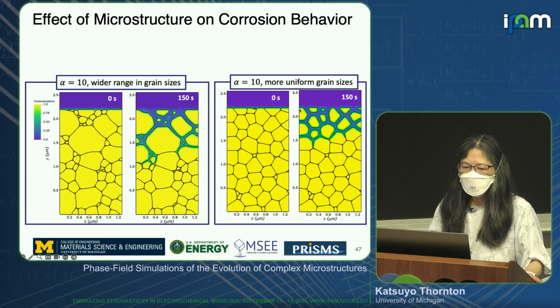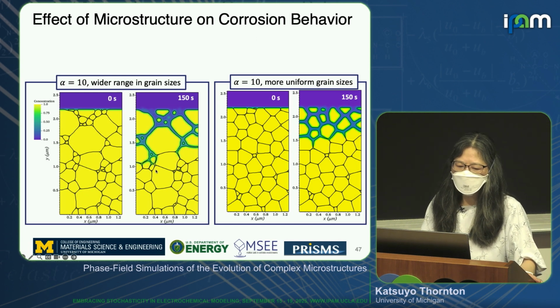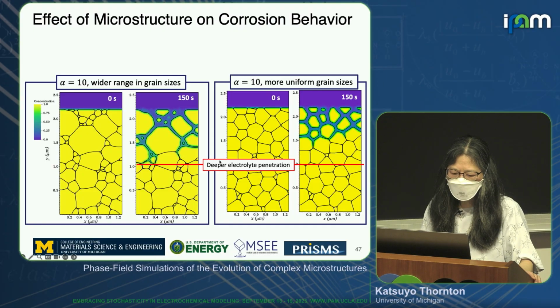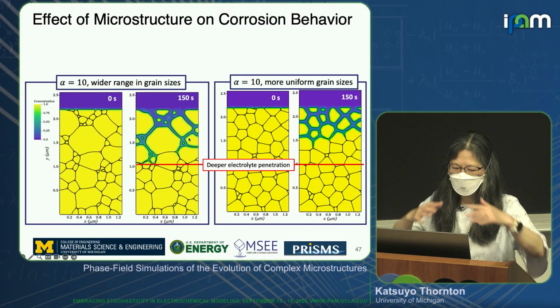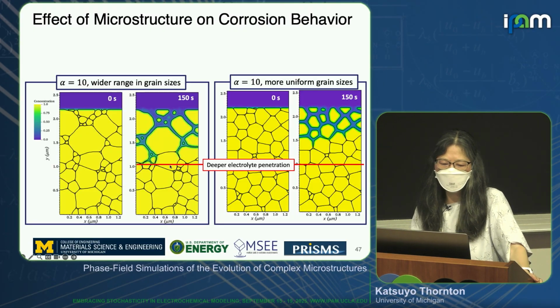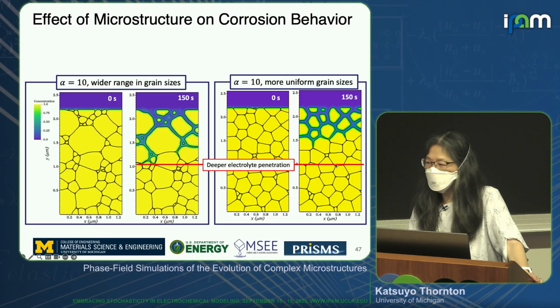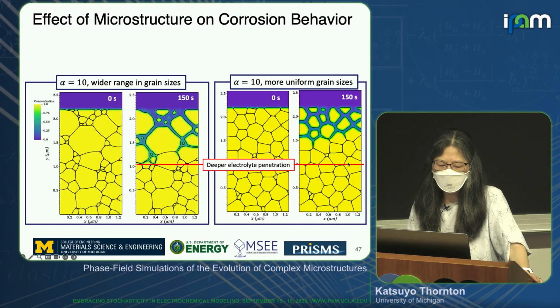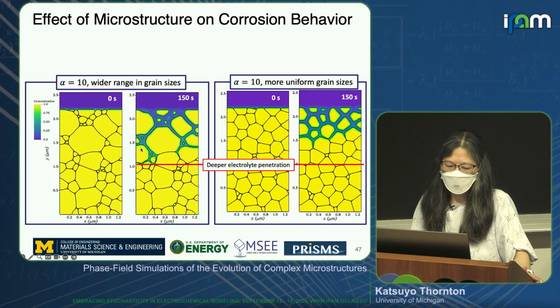We also looked at the microstructural effects on the corrosion behavior for the pure case. And this is the result at 150 seconds. And this is the wider grain sizes. And then you can see that the wider grain size case has more penetration, which I thought was a little bit unintuitive.